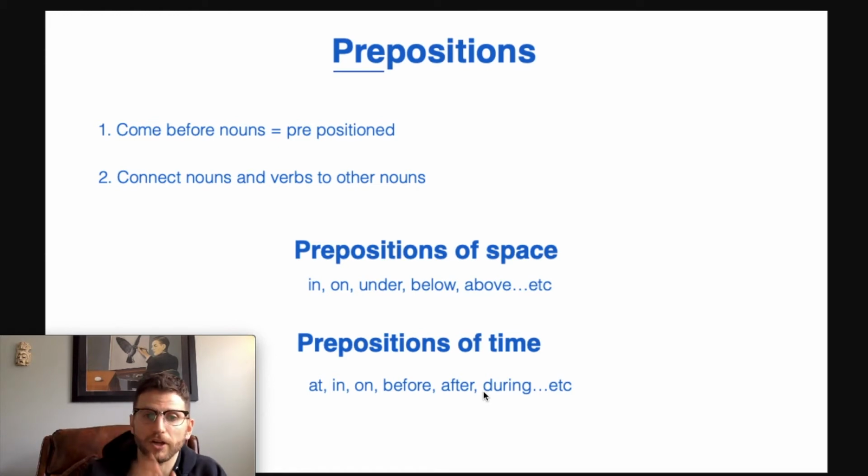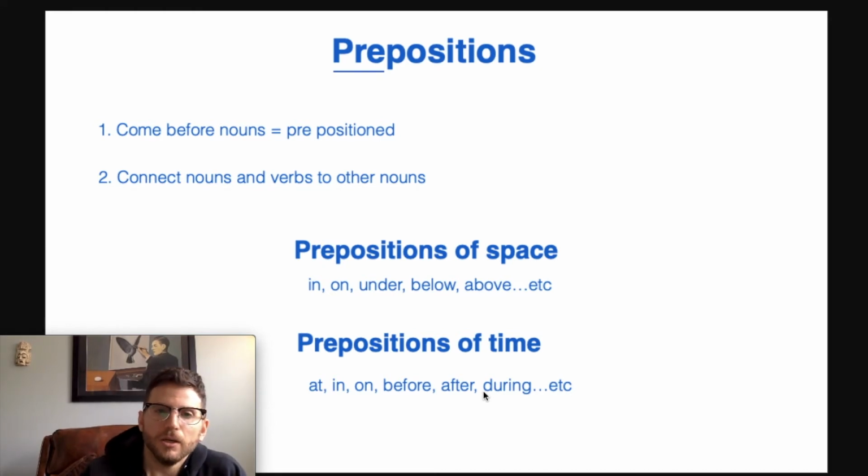Okay, so it's a relationship of time. So you've got prepositions of space, you've got prepositions of time. You notice that some of the prepositions of space also show up in that time category, and they're just used differently. So whereas I might use that preposition in both categories, it's being used differently in the sense that book in backpack is not the same as arriving somewhere in 5 minutes.